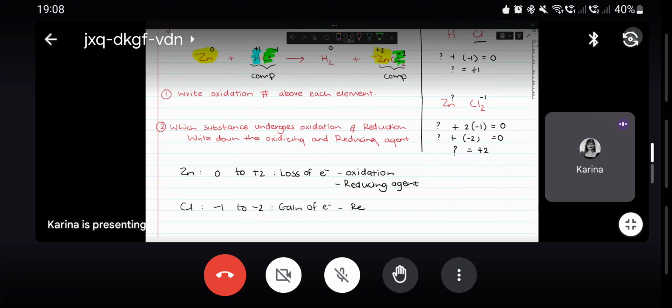So this is undergoing reduction, and this must be our oxidizing agent.